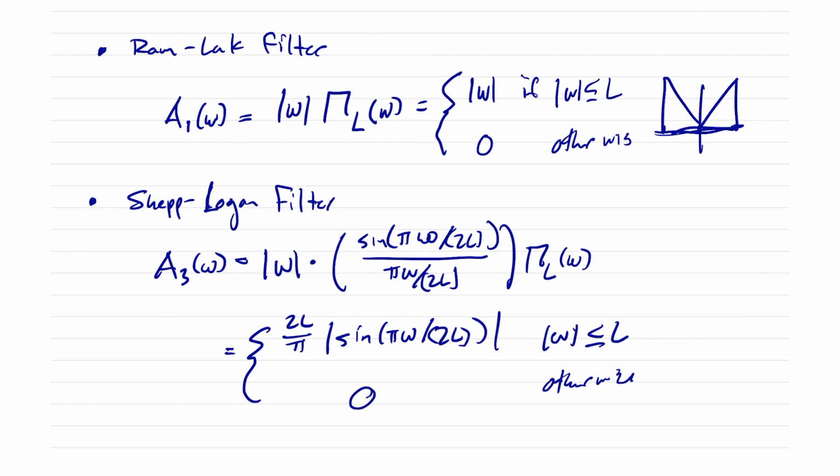Okay, so that's a little bit easier to put our head around. Basically, once omega gets to be L, we're going to be at pi over 2 for sine. And so if sine is pi over 2, then let's see, what do we get?